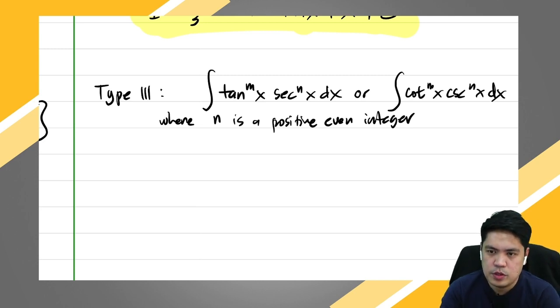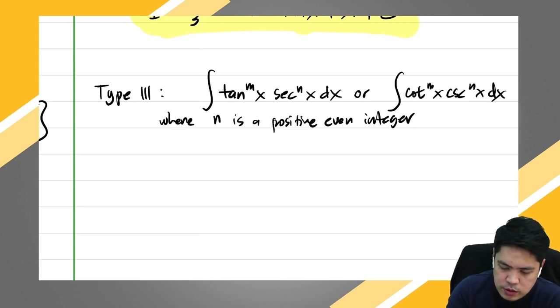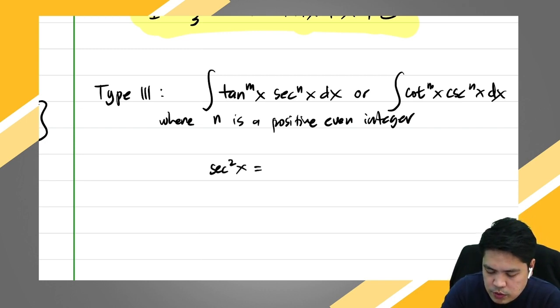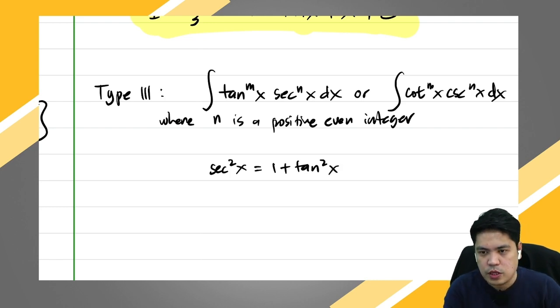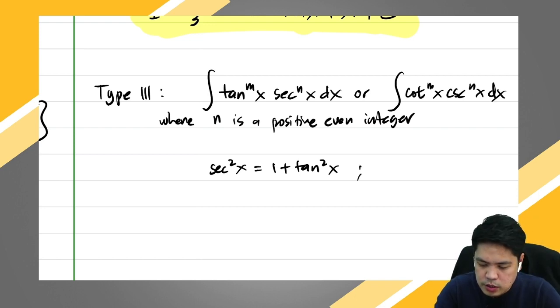Okay, so suppose we have this. So of course, we'll be using secant squared x, which is equal to 1 plus tangent squared x. So we can use this identity. Or the other identity is sa cosecant squared x, which is equal to 1 plus cotangent squared x.